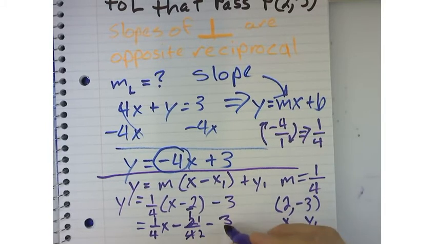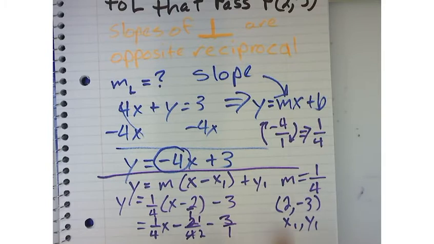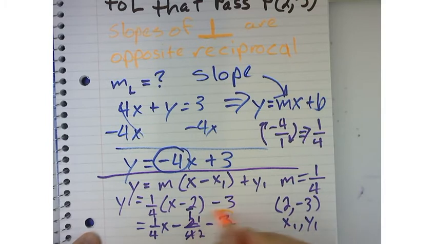Now, what can I change 3 over 1 to? Because I'm going to have to combine those terms. These are constants. So I've got a -1/2 and a -3 over 1, and I need to combine them somehow. So what do they need to have in common? Denominator. So now how can I write 3 over 1 to have a 2 at the bottom? 6 over 2.